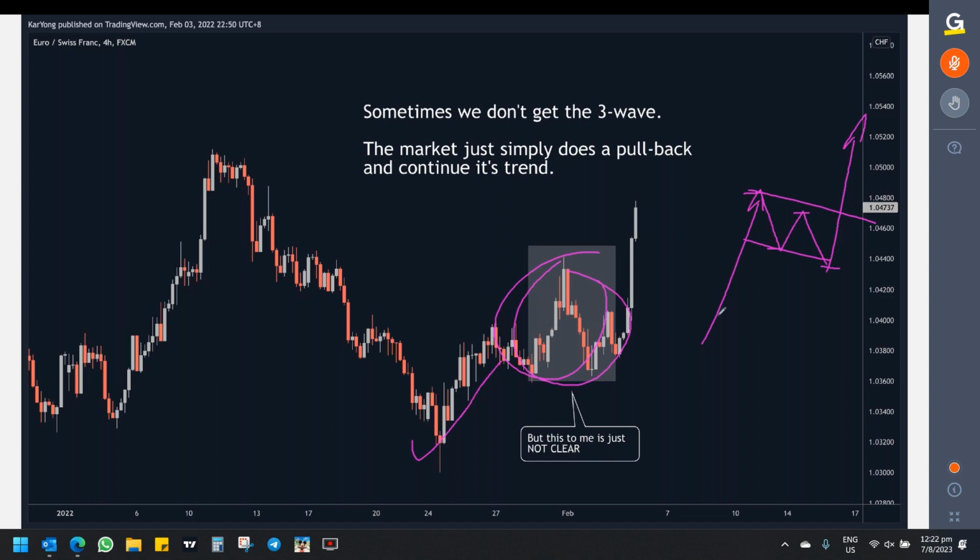So sometimes that's how the market functions. And when things are not clear, what do you do? You stay out from the market, you move on to something that is clearer to you, right? So just want you to be aware, okay, it's not perfect. At times when you see things that are not clear, just stay out of the market, wait until something is clear, develop, then you start to focus on it, right?